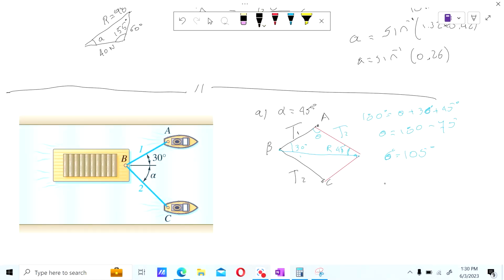So R, which is 5,000, divided by sine of 105 degrees is equal to T1 divided by sine of the opposite angle, 45 degrees.